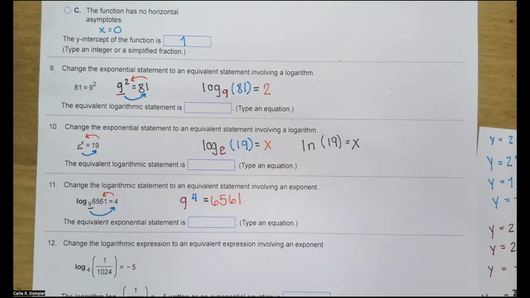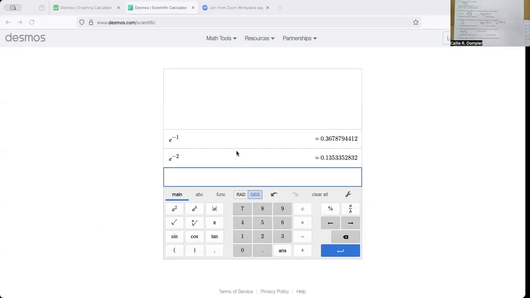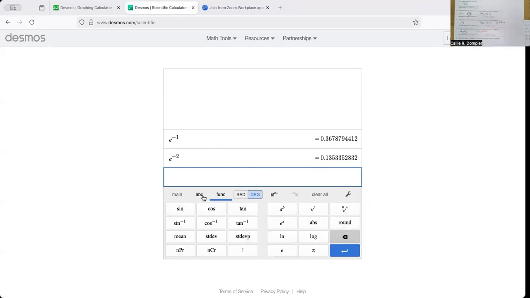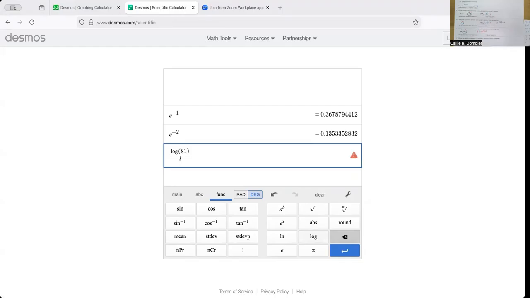All right, after you've done that manipulation, you can go over to any scientific calculator, any calculator that you have, and you can make sure that log... and if you have a base that's not 10, what you want to do is put another log under it.